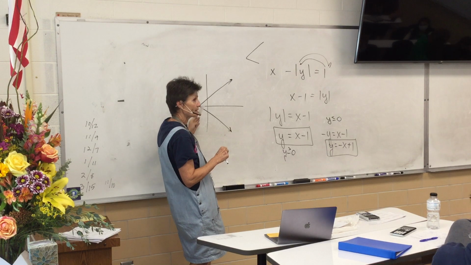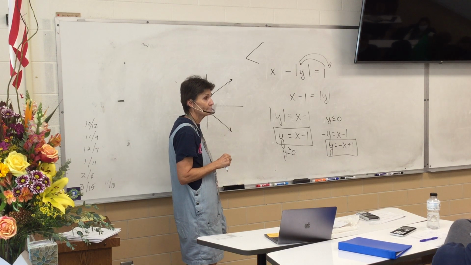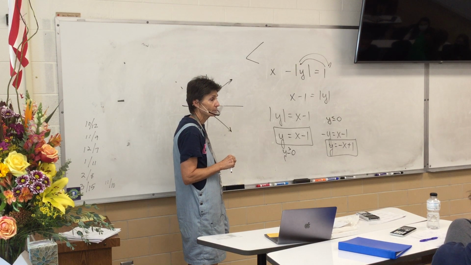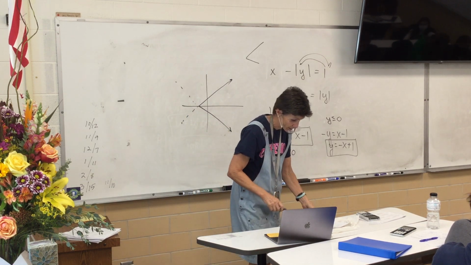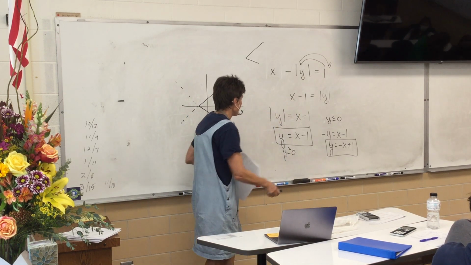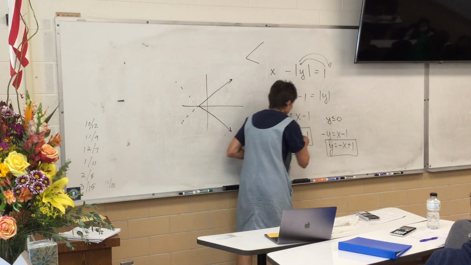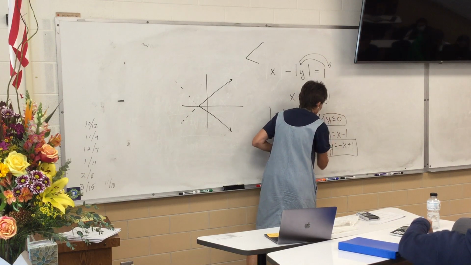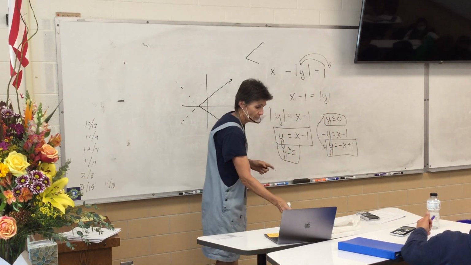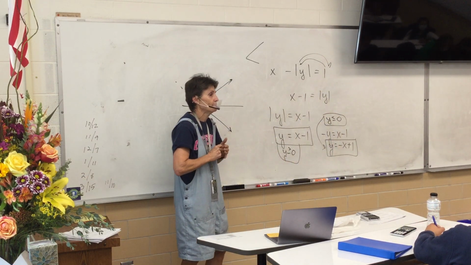This part can't be included because it's not part of the domain. Implicit functions, here they are. For that problem, these are the implicit functions, and you'll want to include the domain part too, in order for your graph to be right.